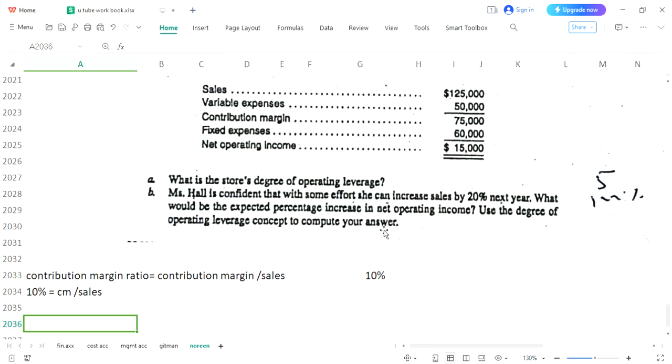Now if the amount of contribution margin is known, you will be able to calculate sales. If sales is already known, you can calculate your CM.